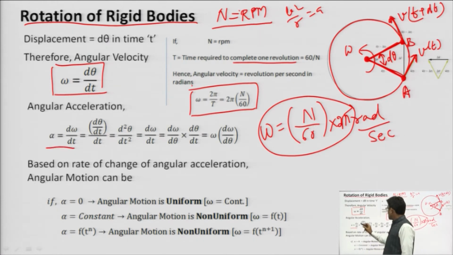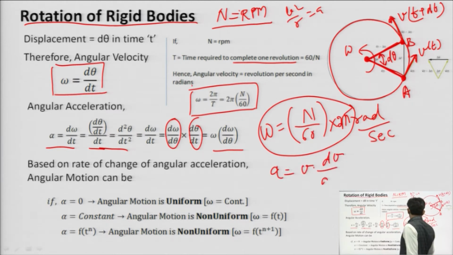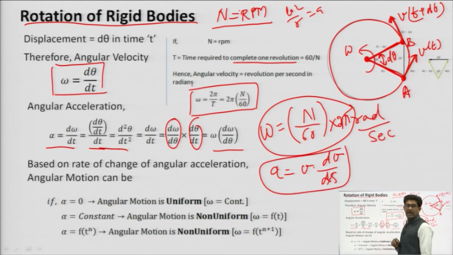By putting omega as d theta by dt, we can write it as d2 theta by dt square, and finally we can also write it as omega into d omega by d theta, as we did in the case of linear motion, where a is equal to v into dv by ds.